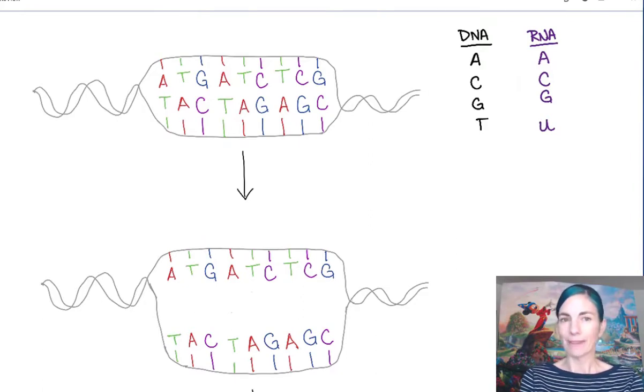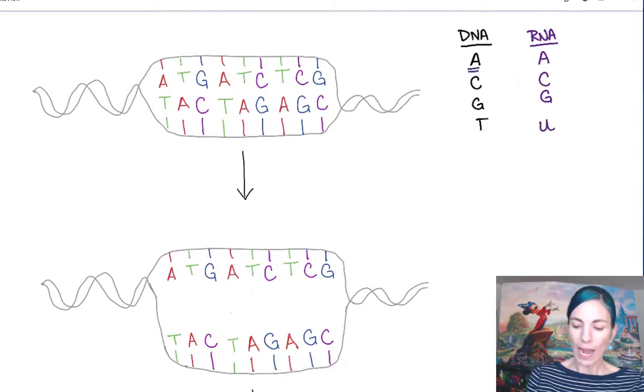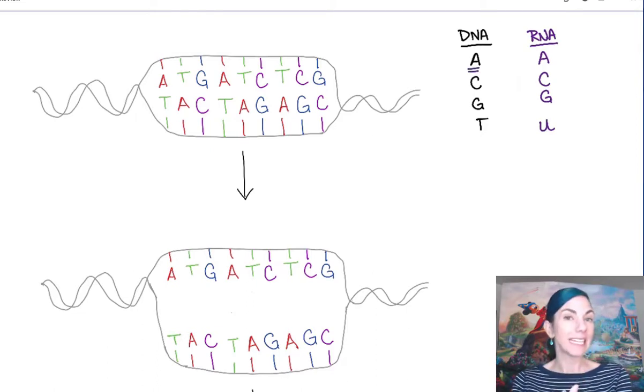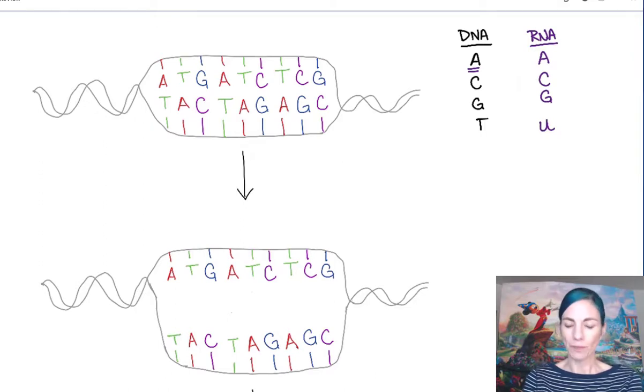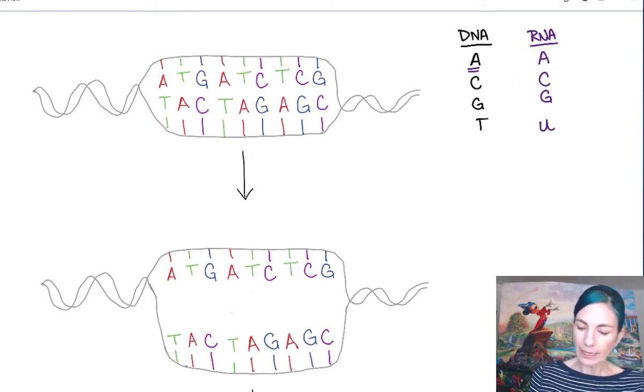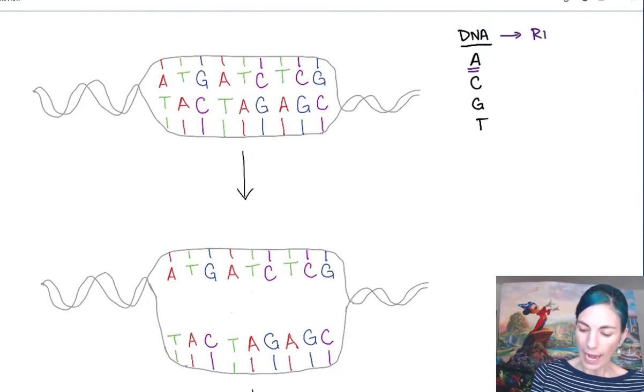So what does this mean? It means that any time I see a DNA base for A, I would normally pair it with a T if I was looking at DNA. But if I'm pairing it with RNA, there's no T, there's only U. So let's go ahead and erase this here real quick. And let's actually form the base pairing rules of DNA to RNA.